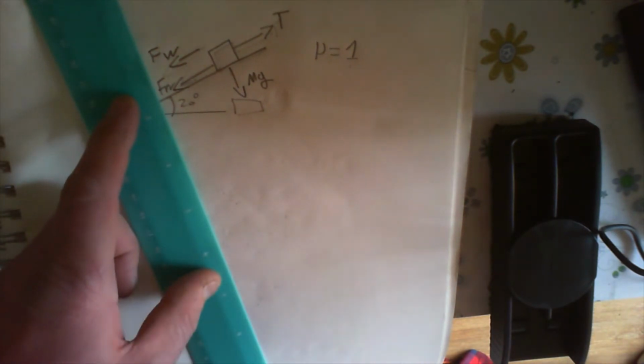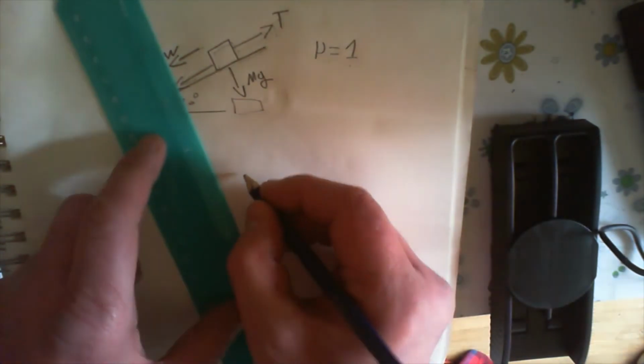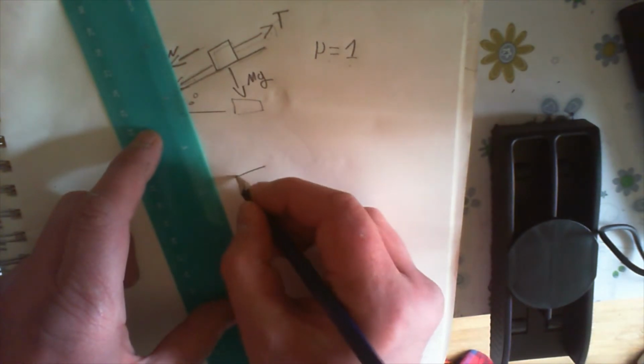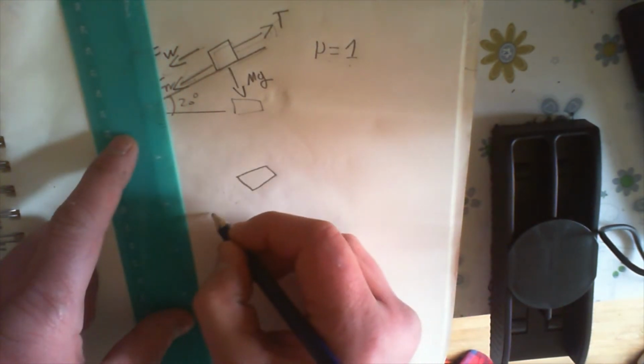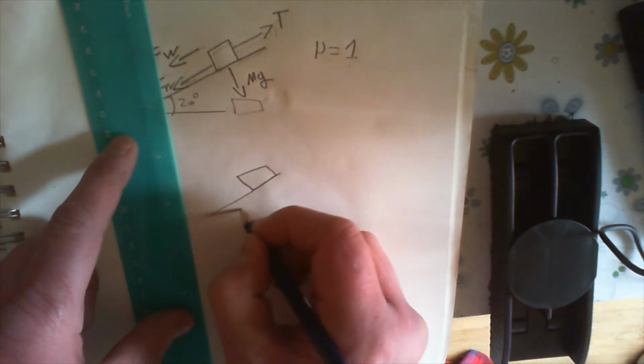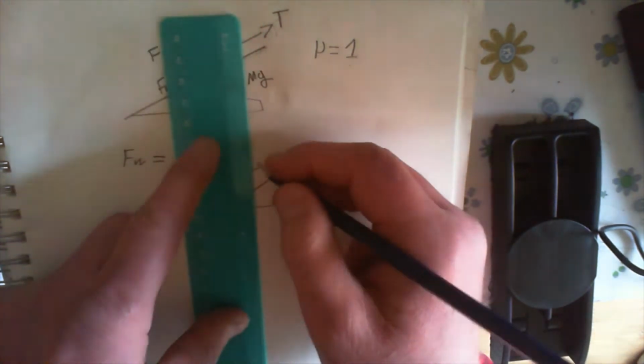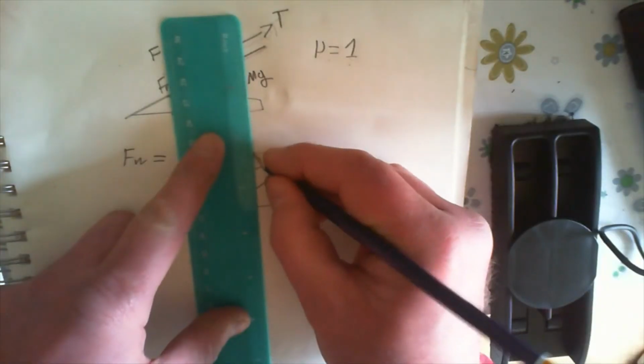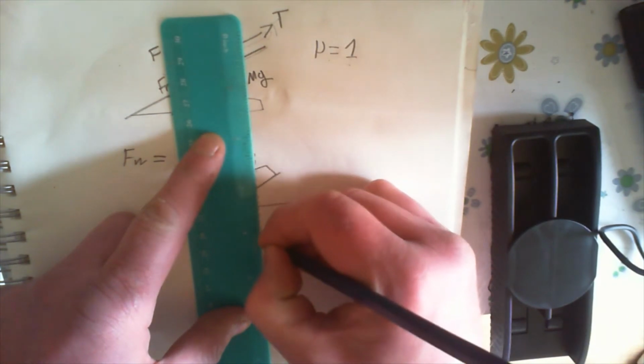Right, what I want to try and make clear here, if I can, is if we're looking at this block on this incline, the force of gravity is coming down like this.